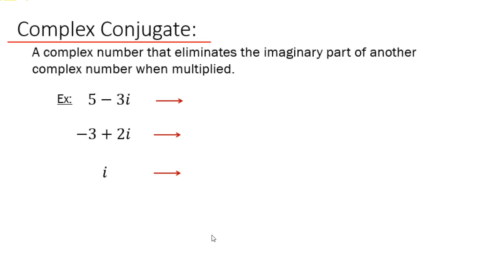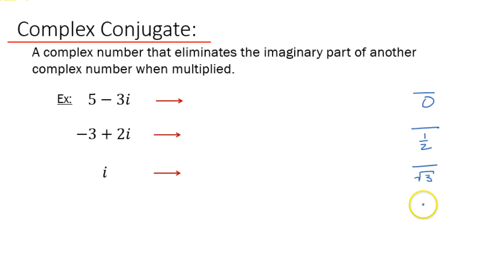Then we're going to go over the concept of complex conjugates. A complex conjugate is a number that eliminates the imaginary part of another number when multiplied. So for instance, we're going to see in the next examples for divisions, we don't want any complex numbers in our denominator. So far there's 3 things we don't want in our denominator. We don't want a 0, we don't want a fraction, we don't want a radical in our denominator.